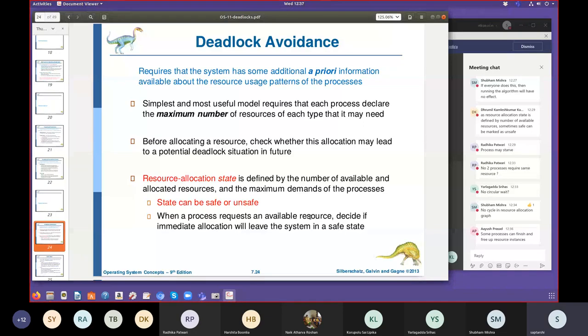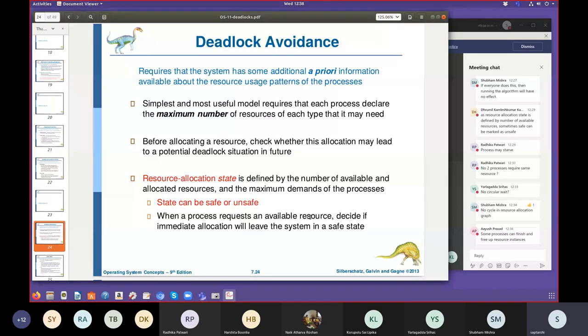So now, can some better answer, like, when do you think a process state is safe? Okay, let me clarify. What all you said are not completely wrong. Suppose there is enough free instance of every resource, then the state is safe. Sure. But even if resources are not free, even then the state can be safe. If a condition holds, what is that condition?